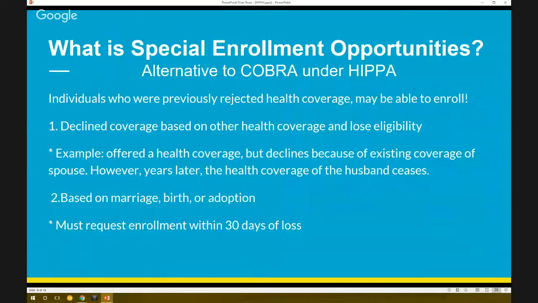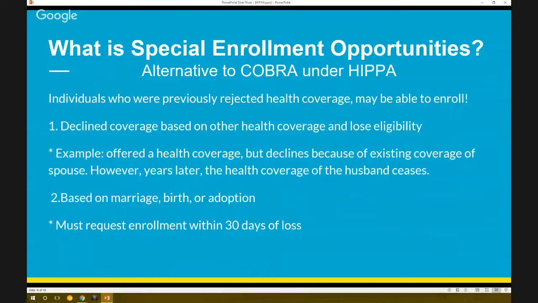Okay, and so lastly, what are special enrollment opportunities? This is an alternative to COBRA under HIPAA, and it's for individuals who previously rejected health coverage but may be able to enroll. There are two different types. One, if they declined coverage based on other health coverage and then lose eligibility.